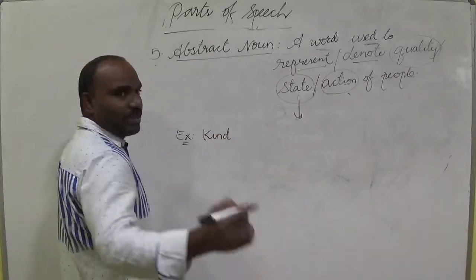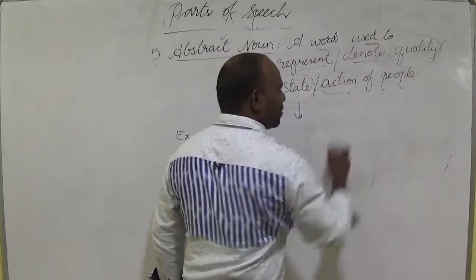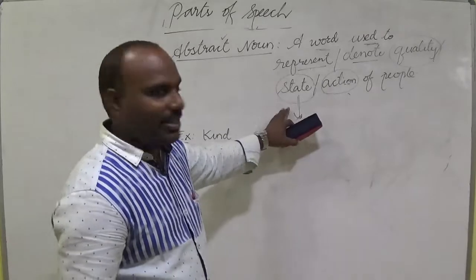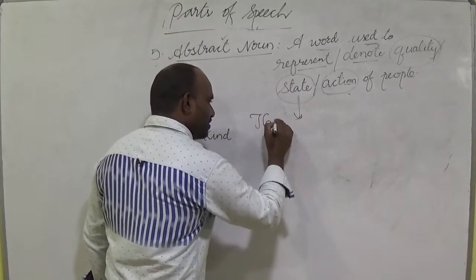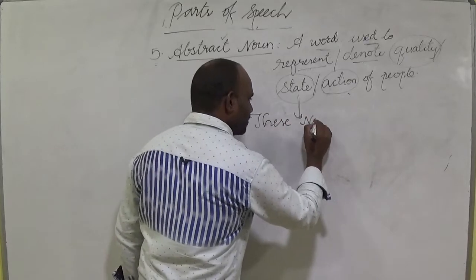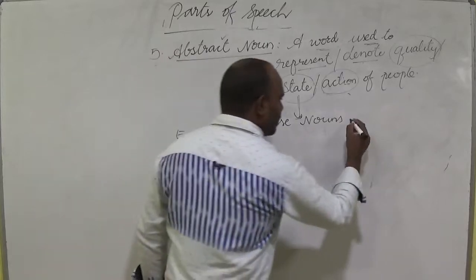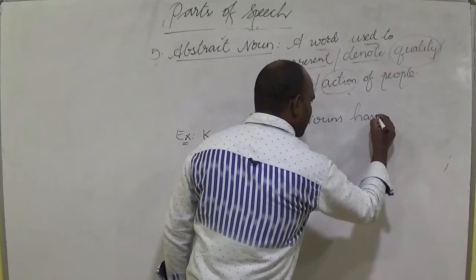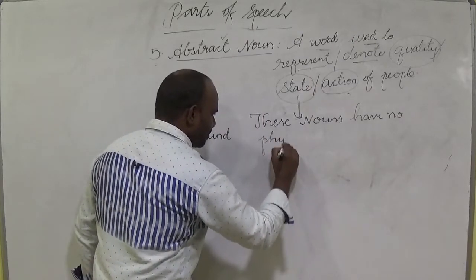One more thing I forgot. An abstract noun is a word used to represent or denote quality, state, or action of people.